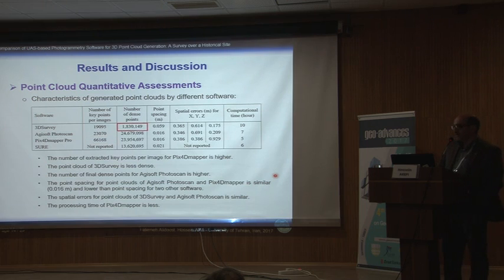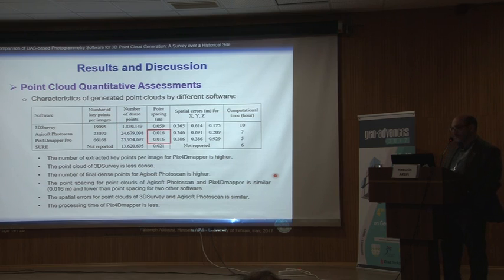Regarding the number of conjugated dense points, 3D Survey produced less data. You see that it is 1 million, and the others are 20-something million: 24 million, 23 million, and Pix4D and Shore 13 million points. And Agisoft is 24 million.